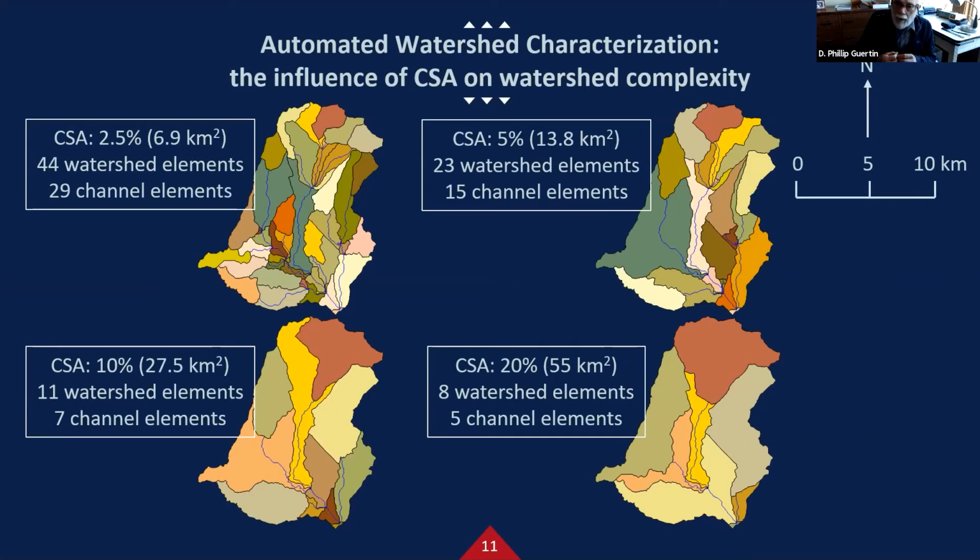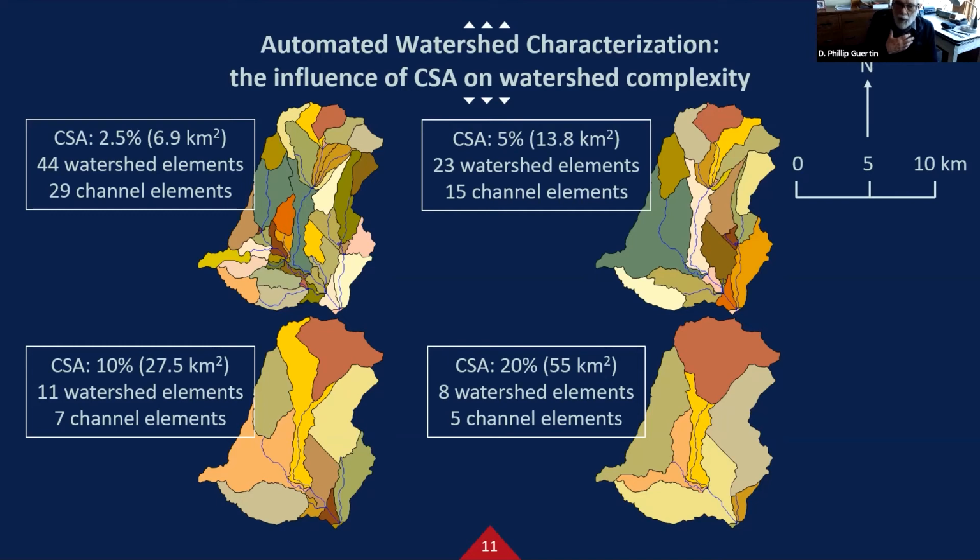The resolution, the level of complexity that you use to describe a watershed, will have an impact on your hydrologic response or erosional response. Here are 4 examples where the contributing source area was 2.5%, 5%, 10%, and 20% of the watershed. You can see we have very different levels of complexity. With 2.5%, we have 44 watershed elements and 29 individual channel elements.